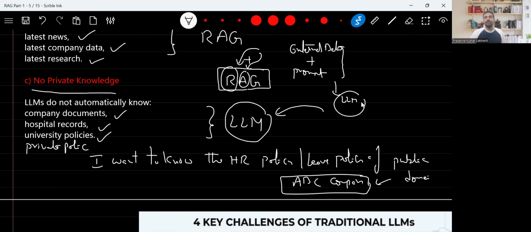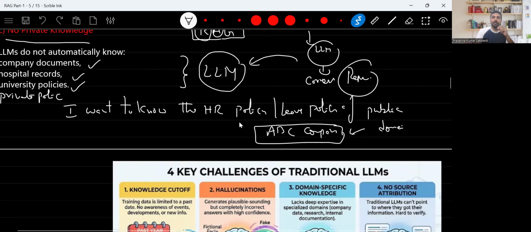Now the LLM will think, process, and provide the correct response to the user query. So this is the advantage or application of RAG.